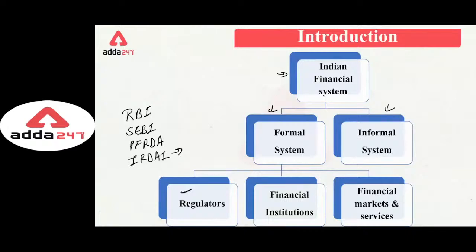Now these are the regulators, and when there is a regulator, there will be financial institutions also, like the commercial banks, like the non-banking financial companies. Apart from that, we have primary dealers, we have all India financial institutions. All these are the financial institutions. Now, these financial institutions are participating in the financial market and providing financial markets and services to the people.